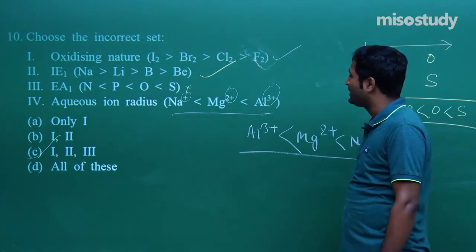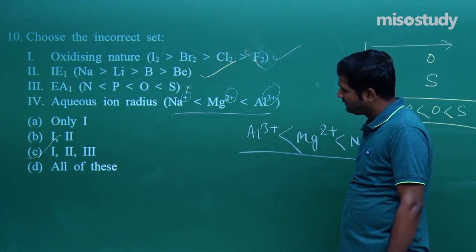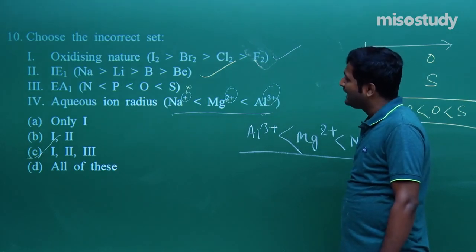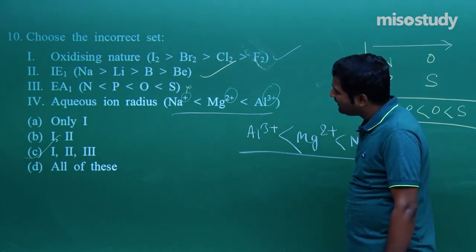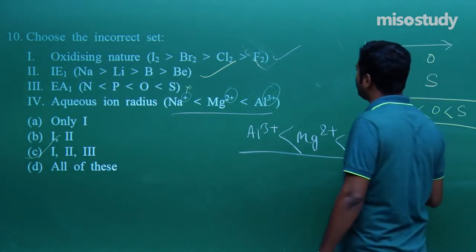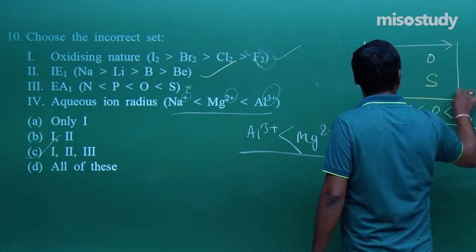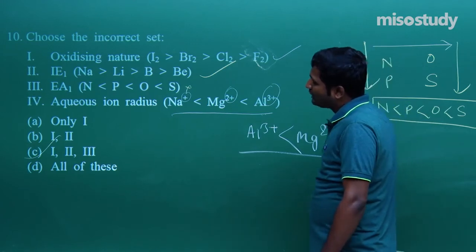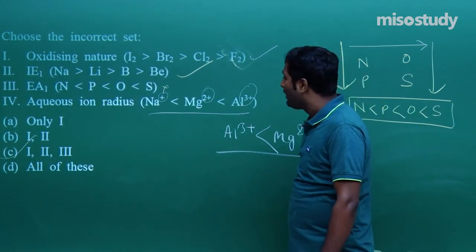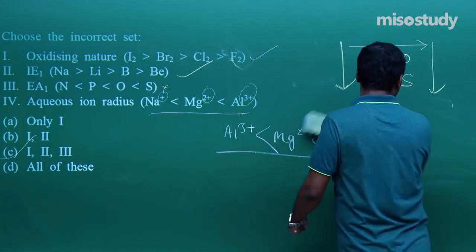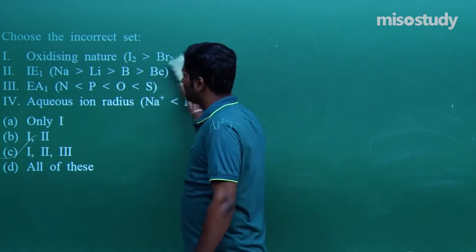First comes nitrogen, then phosphorus, then oxygen, then sulfur. Is there any possibility, if I write nitrogen, then down the group. So the option is 1, 2 and 3. Clear to you? If you have strong theory, then you can easily solve such questions.